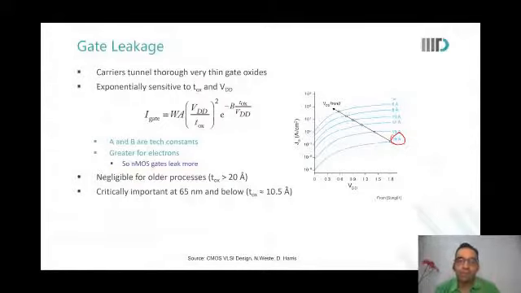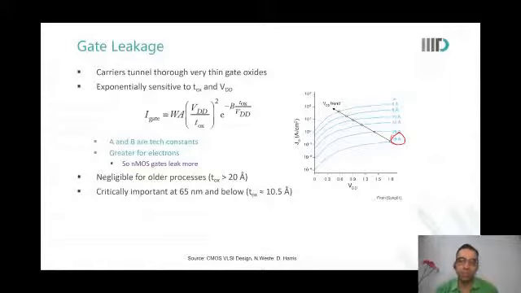And as it is also said that in 65 nanometers and lower technologies, where the silicon dioxide gate is used, the TOX is actually less than 1 nanometer. And gate leakage, you will notice, increases very significantly. It becomes a very significant part of overall leakage, especially at room temperature.